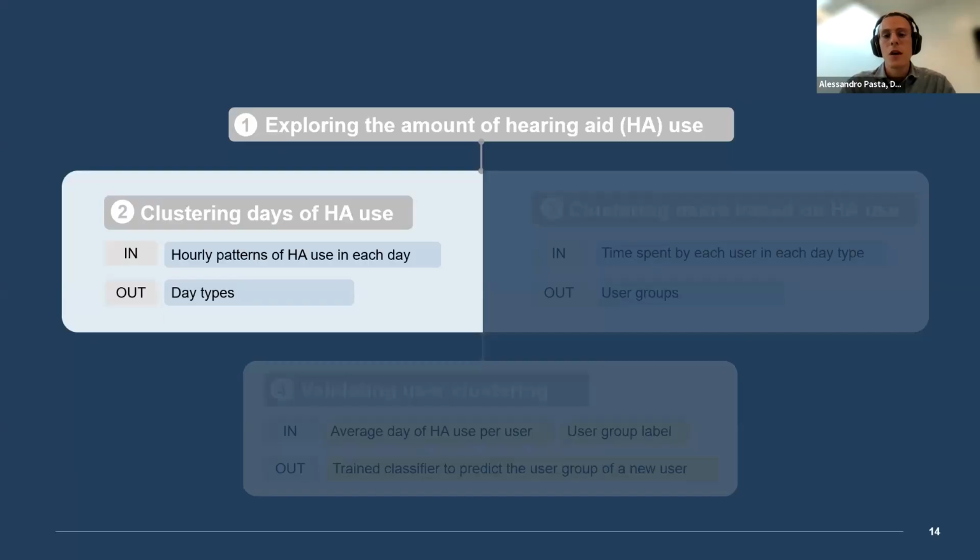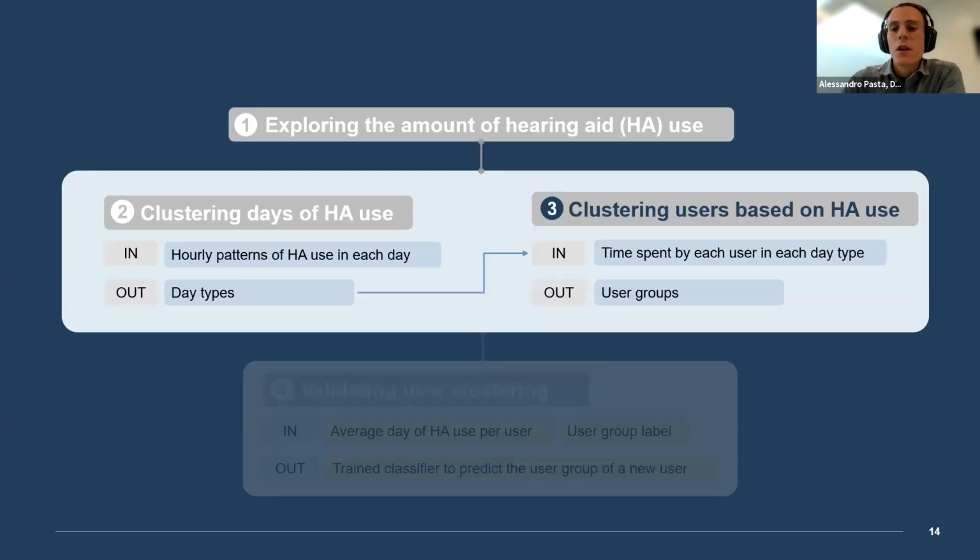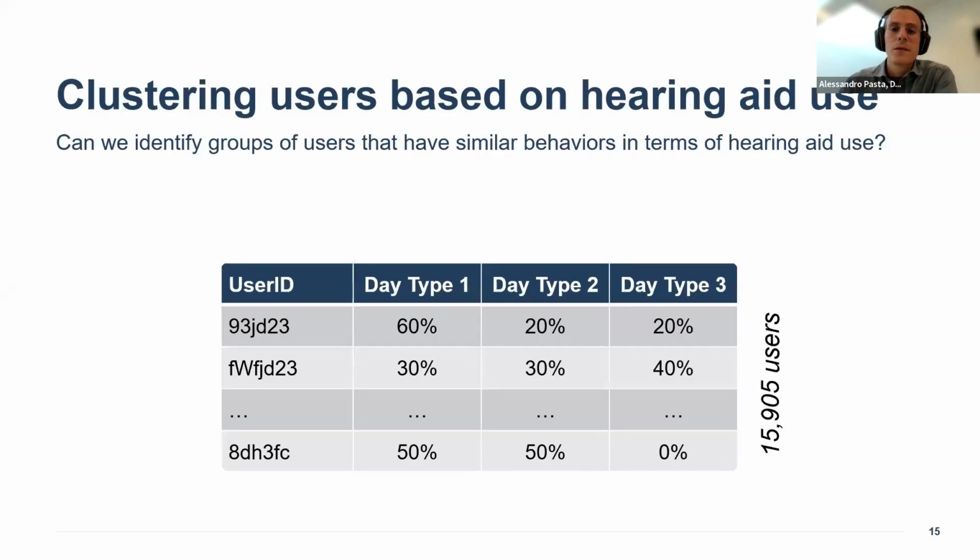So as a third step, we cluster the users based on how they spend their time within each of the 3 typical days of hearing aid use. So our data at this stage looked something like this. We had 15,000 users, 1 per row, and then each user was represented by the percentage of time spent within each day type.